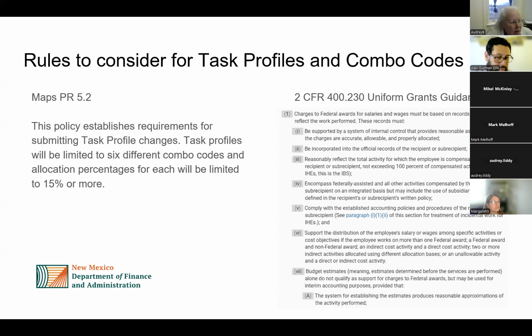And a lot of our grants areas will create combo codes to generate according to how they want the funding to come across for their grants, thinking that if we do it through the task profiles, that will meet the requirements of 2 CFR 400.230.